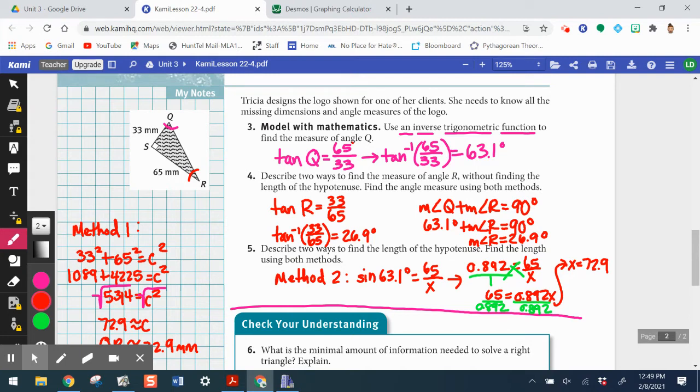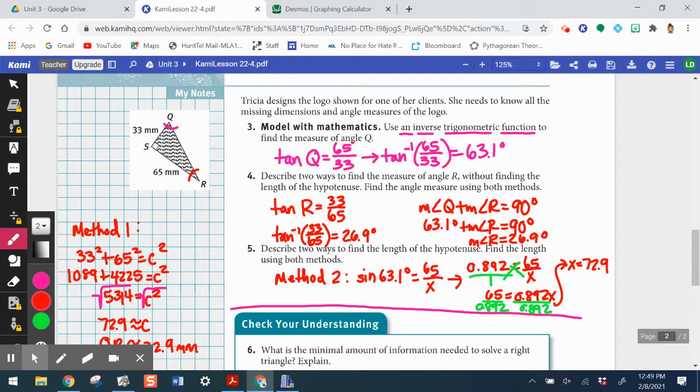So go back to our previous lesson where we can say that the tangent of angle Q is the opposite side, 65 over 33. Now, if our goal is to find the measure of angle Q, we're going to use the tangent inverse of that ratio to find the measure of the angle. Notice our final answer is in degrees.